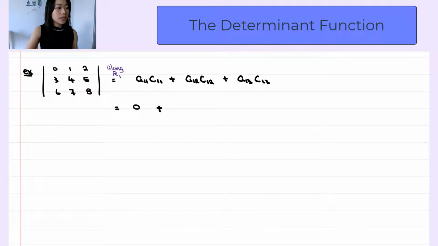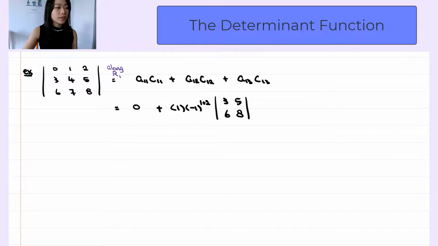Then plus A12 is 1, and C12, the cofactor of this entry, will be -1 to the power of 1 plus 2 times the determinant of the minor matrix after we delete the first row and the second column. So the other four entries we have here are 3, 5, 6, and 8.